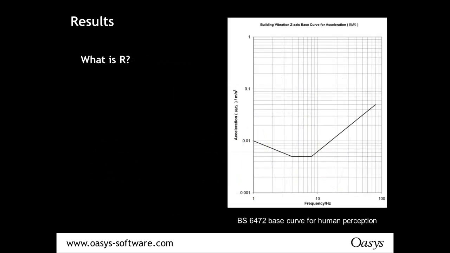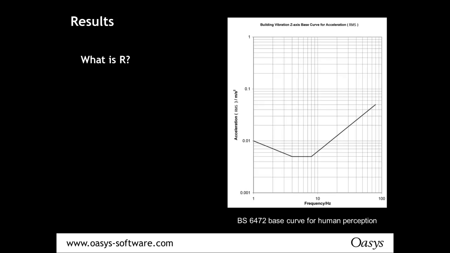Now, the R value often causes confusion. I know when I was first dealing with footfall analysis, it was very confusing. Essentially, the response value is acceleration, but it's acceleration in relation to this ISO base curve, which has been measured as the limit of human perception. So accelerations below that level are imperceptible to humans.